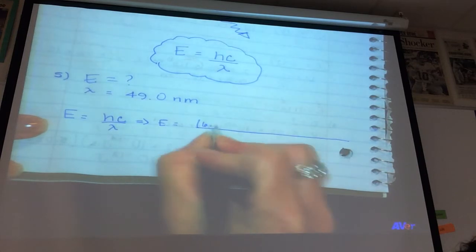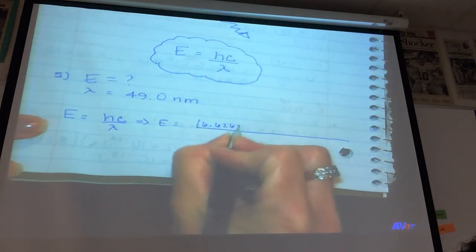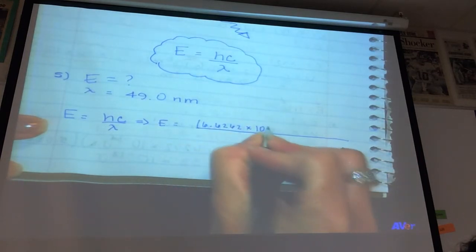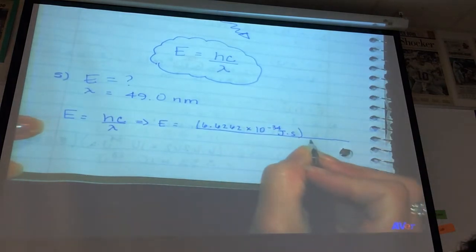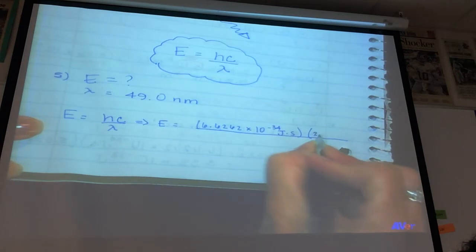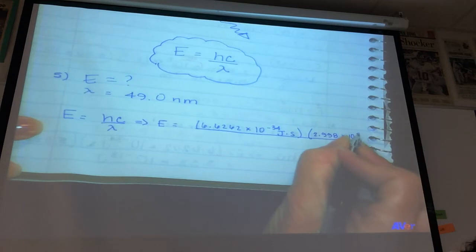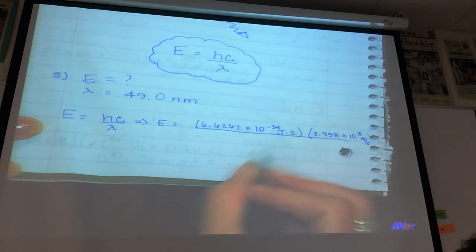Planck's constant is 6.6262 times 10 to the negative 34 joules seconds. Speed of light is 2.998 times 10 to the 8th, that's a sloppy 8, sorry, meters per second.